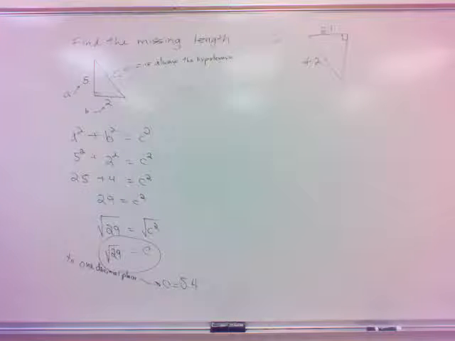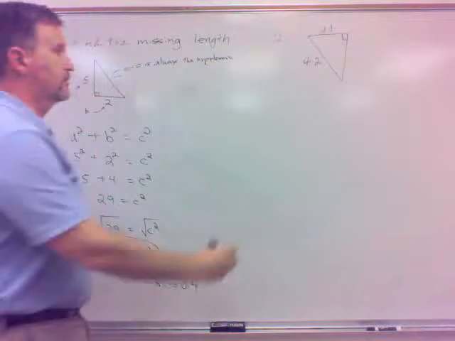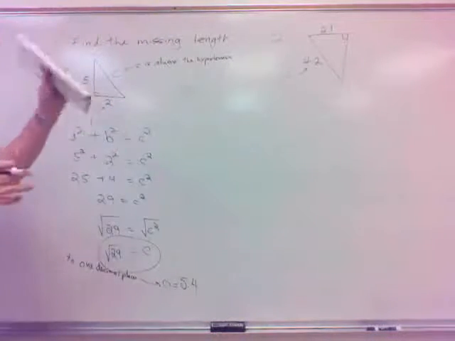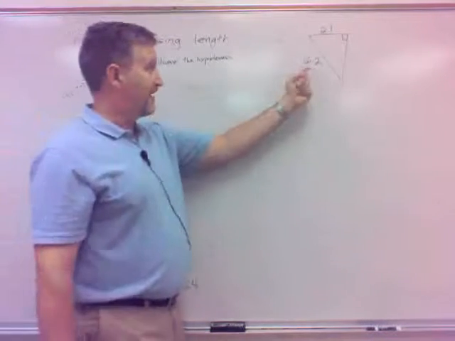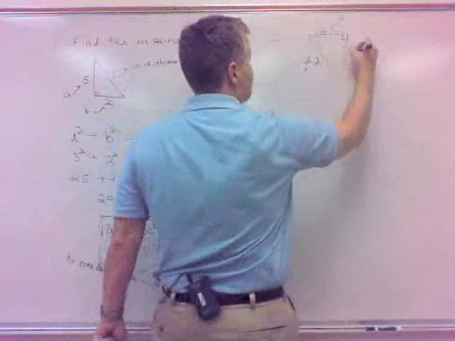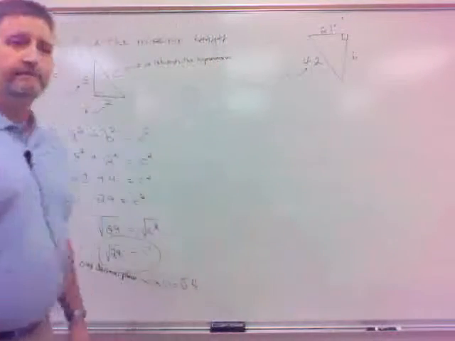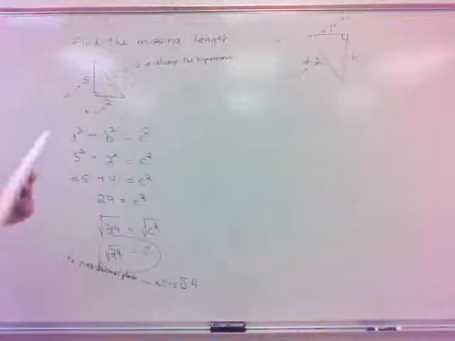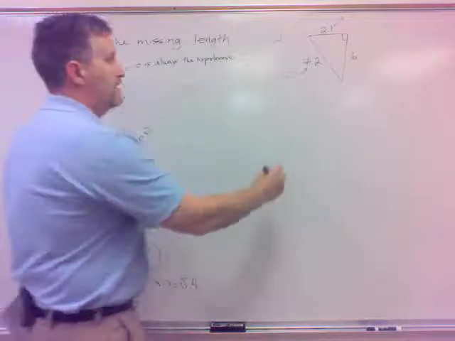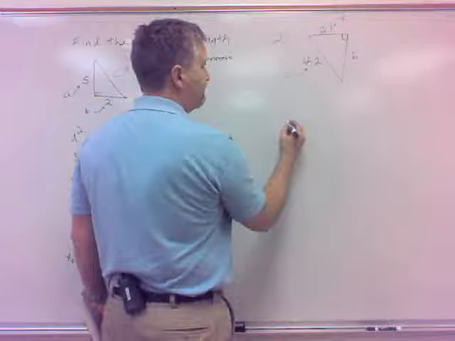C is not the missing one here, because what is C? Yeah, C is 4.2. It's the longest side, which the way it's oriented here happens to be right here. It's just opposite the right angle. So if we call this one A, then we're finding B. Or vice versa, you can swap those around. But I need to find out what this is.